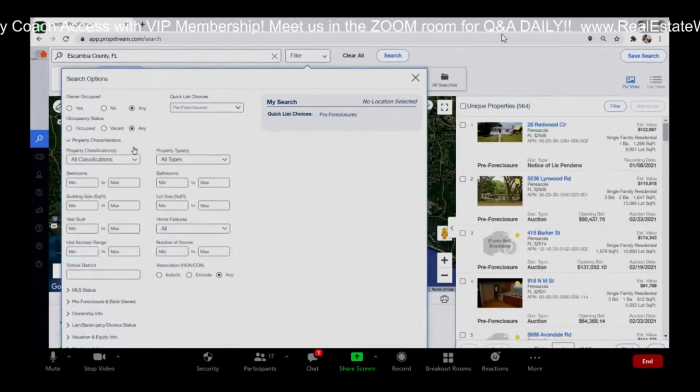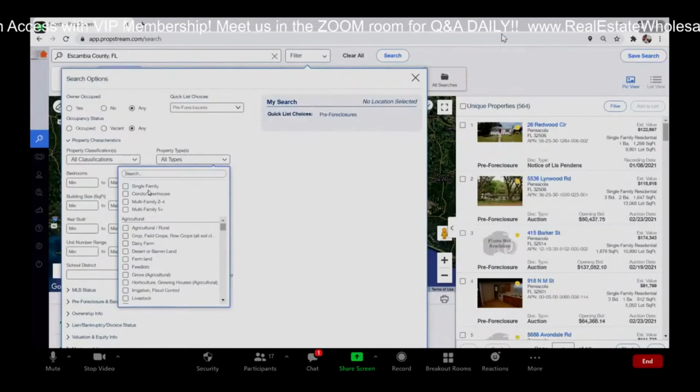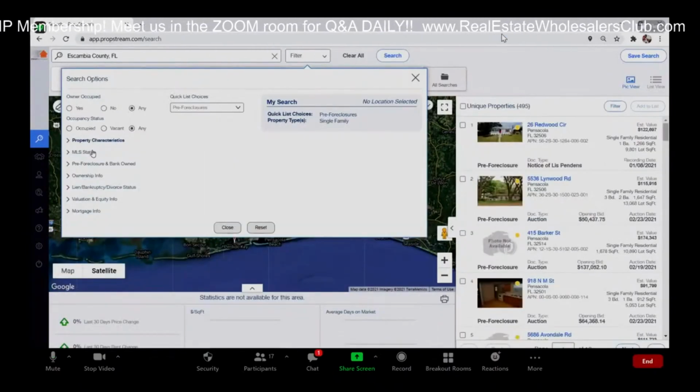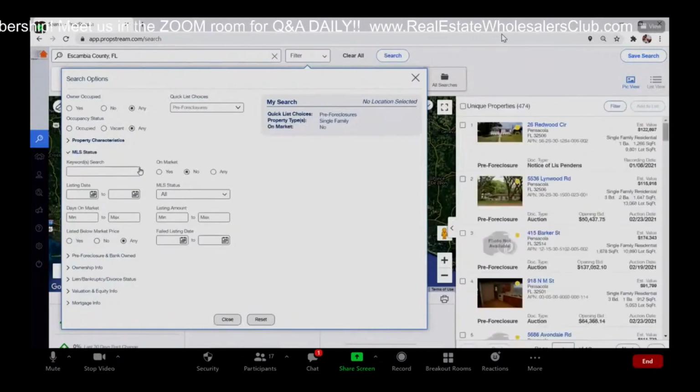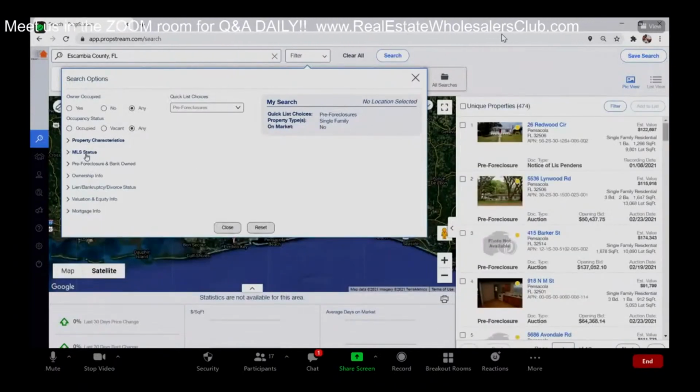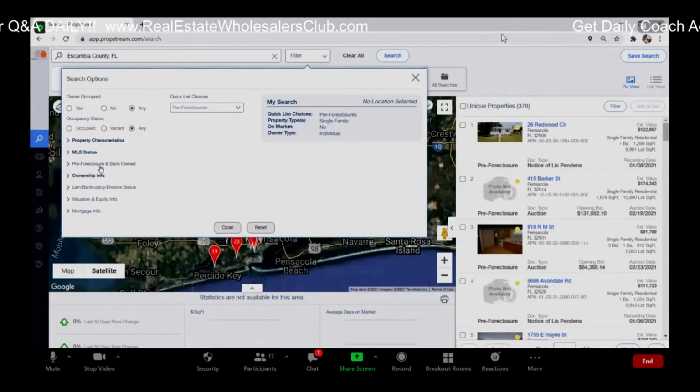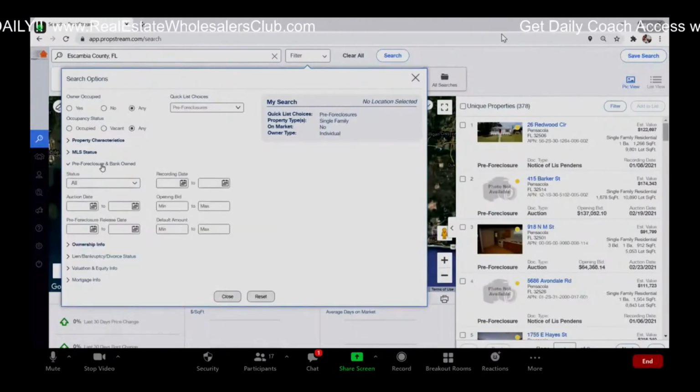Go into property characteristics, make sure it's a single family property. Go into the MLS, make sure it's off market, the traditional criteria. Then we would go into the ownership info, look for certain years of ownership or a type of owner. We can even go into the pre-foreclosure filters and look for a certain recording date, certain opening bid amount.